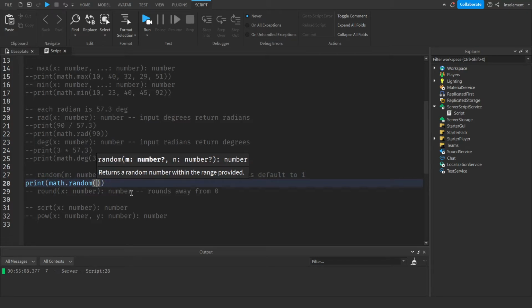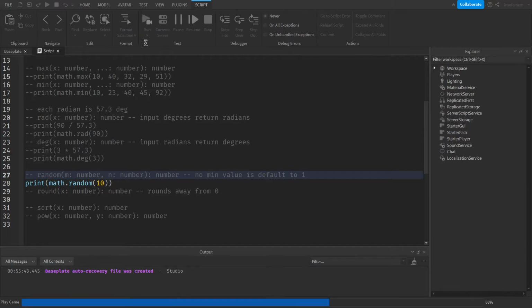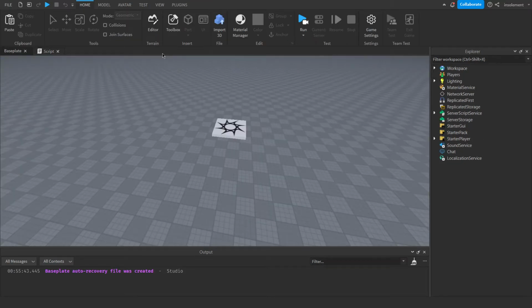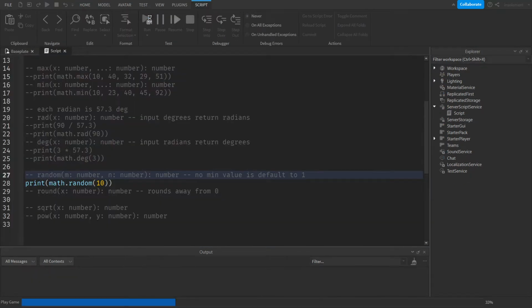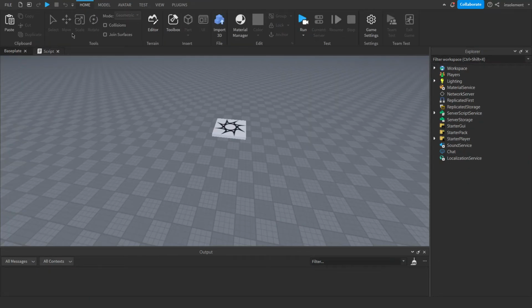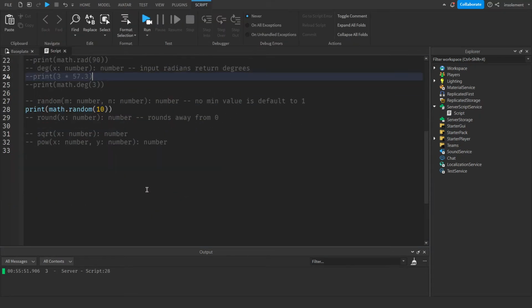So if I just did 10, this would be 1 to 10, right? So if I ran it, I got 6. Let's do it again. 3. So yeah, that's pretty cool.